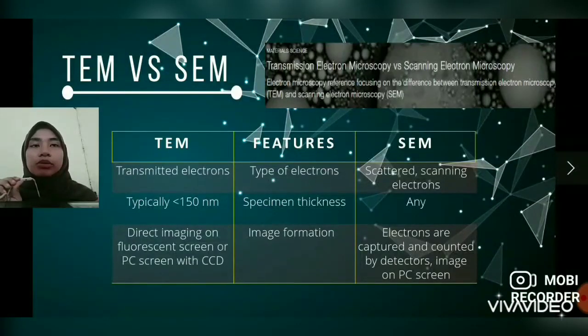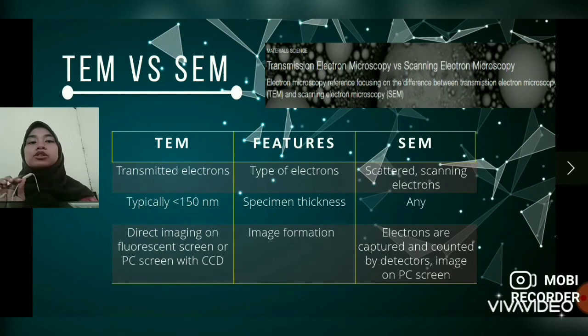Okay, and I will proceed to the comparison between the transmission electron microscope TEM versus the scanning electron microscope SEM. As the name suggests, TEM uses transmitted electrons while SEM uses scattered scanning electrons.